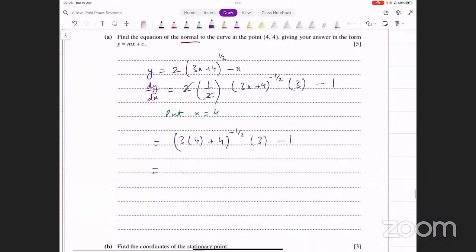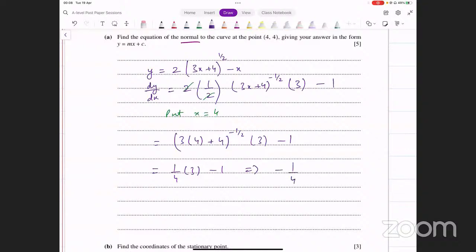Let's evaluate this and see what that gives us. 12 plus 4, that's 16. 16 raised to power minus 0.5, that is 1 over 4. 1 over 4 into 3 minus 1. So 3 over 4 minus 1, what's that going to be? That's going to be minus 1 over 4.